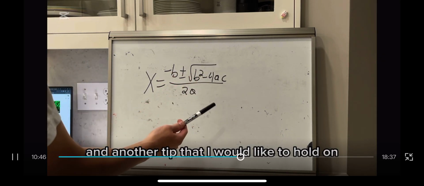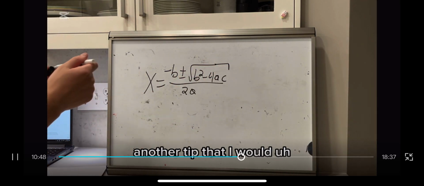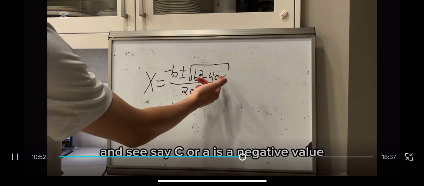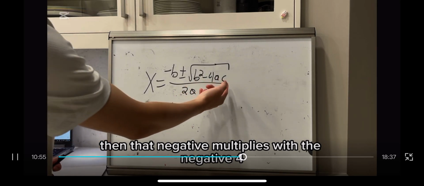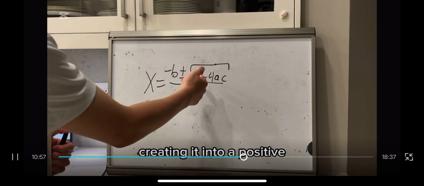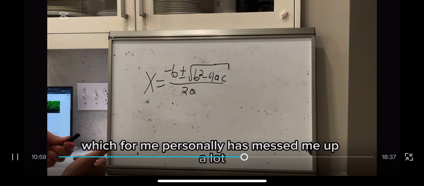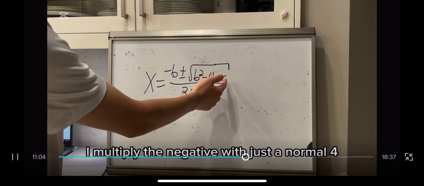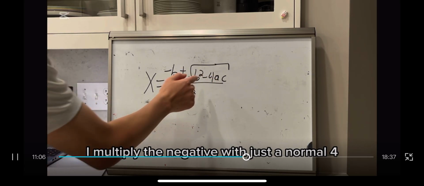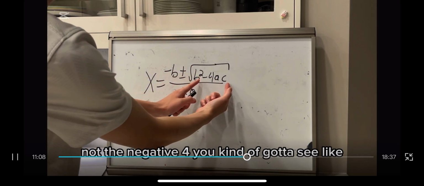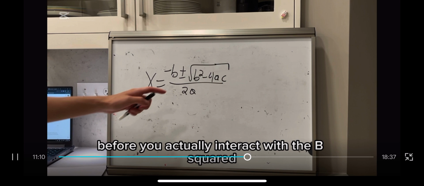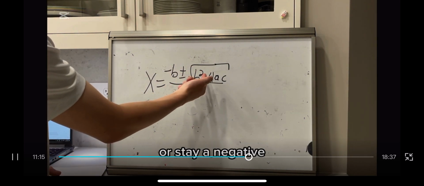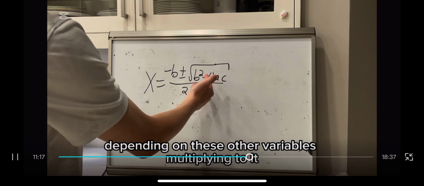Another tip I would give for using this is that when a or c is a negative value, that negative multiplies with the negative 4, turning it into a positive, which for me personally has messed me up a lot, as sometimes I multiply the negative with just a normal 4, not the negative 4. You kind of got to see this part as its own equation before you actually interact with the b squared. So this could change from a negative to a positive or stay a negative, depending on these other variables multiplying to it.